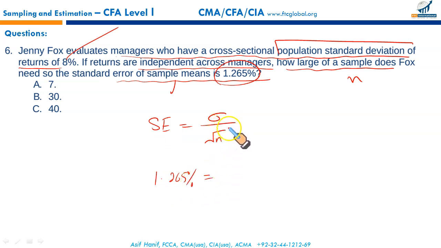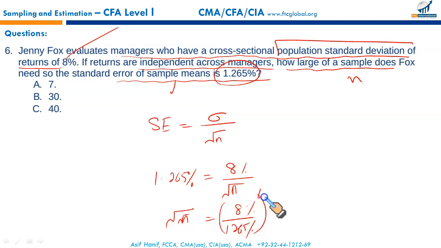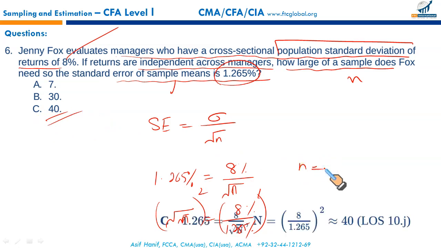So what you need basically is take n on the other side and write 8% upon 1.265%. Take the square to get n, and when you do, your result would be approximately 40. That's fairly straightforward maths. 40 is your result.